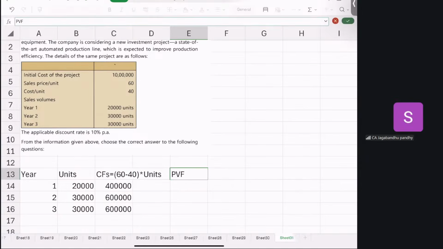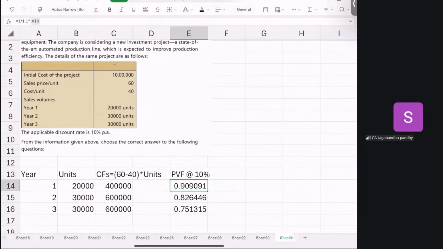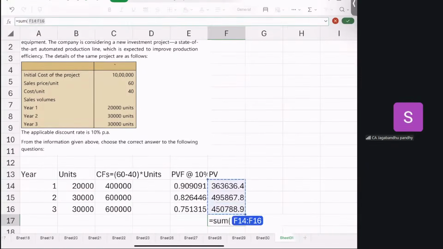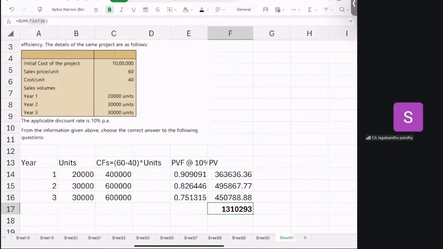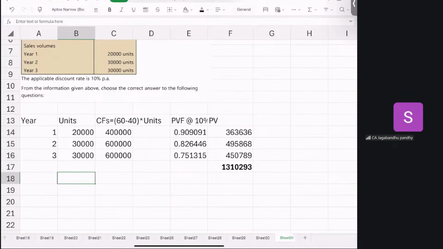Then we take the present value factor at the rate of 10%, 1 divided by 1.1 raised to 1. PVs: cash flow multiplied by the PV factor. So 13,10,293. That's your cash flow.